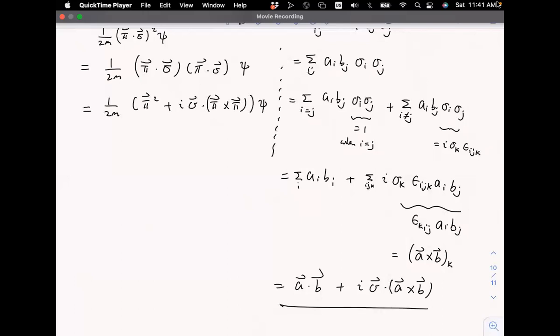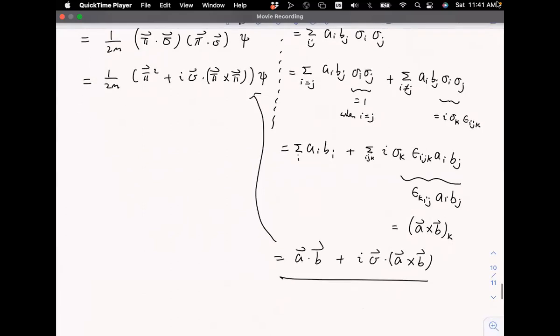In this case both a and b are pi, so a cross b is pi cross pi. But you need to know that pi cross pi is not 0. Later I'll show you. So what is pi cross pi?